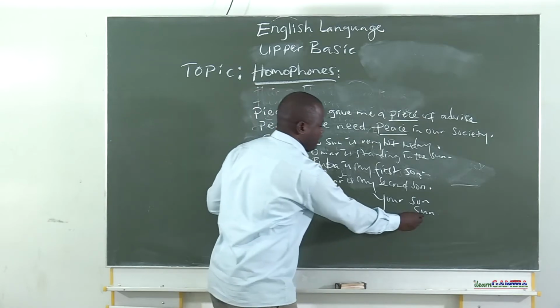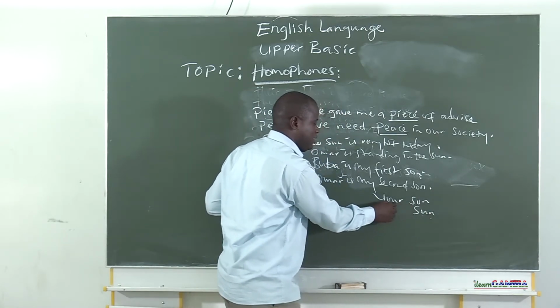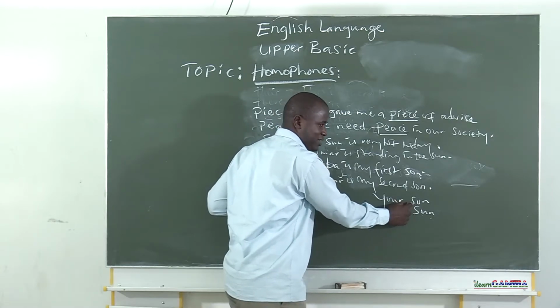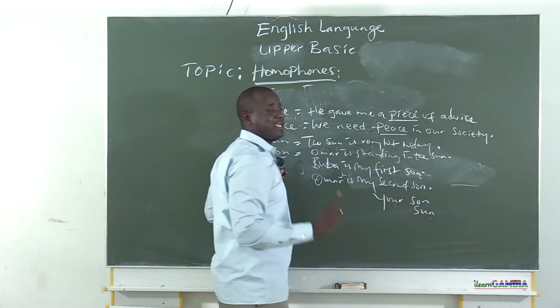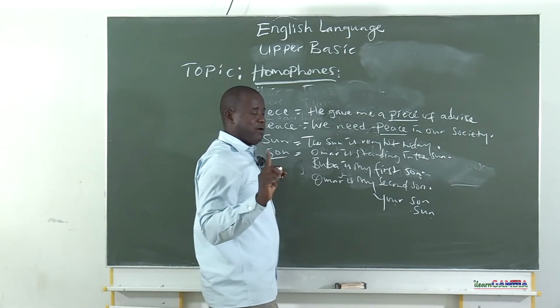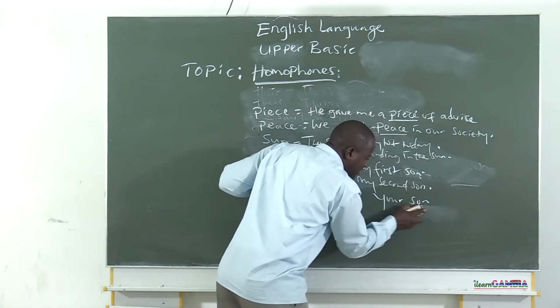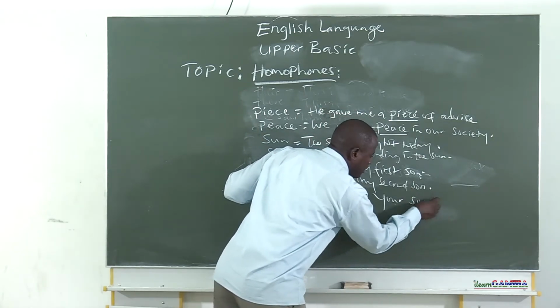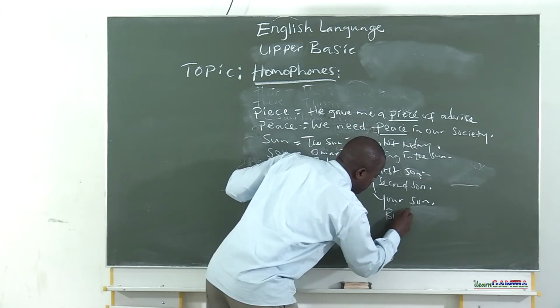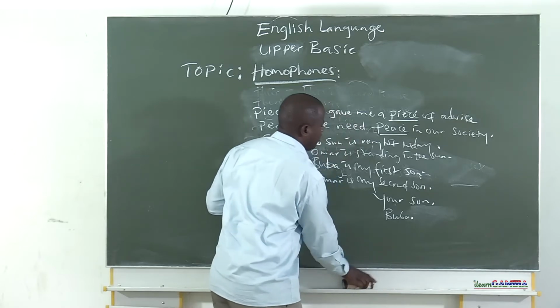So when you use S-U-N, you are not referring to this one. Therefore, you are not writing the right word. Although in pronunciation it is correct, in writing it is wrong. So what do you say? You remove this, you say your son, comma, and then you say Buba. Is that good? Okay. So let's move on.